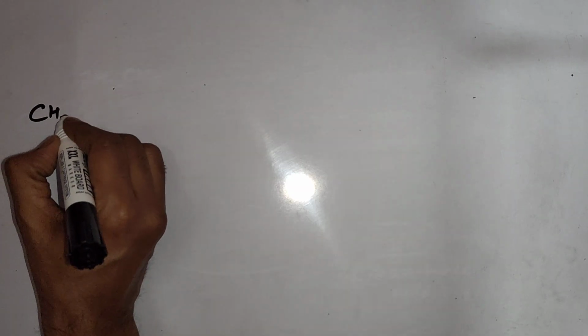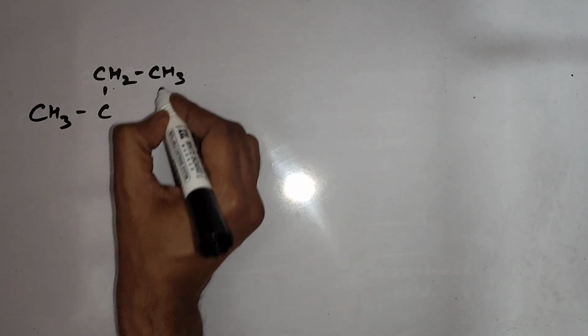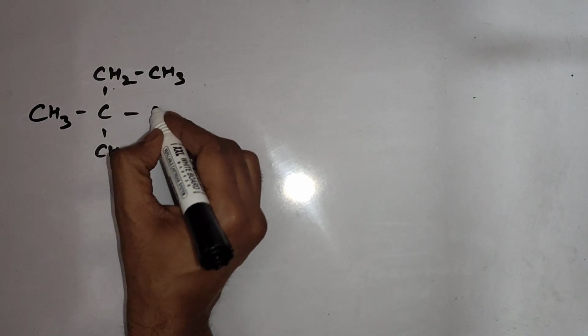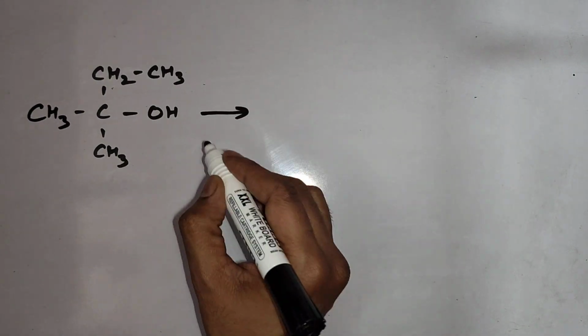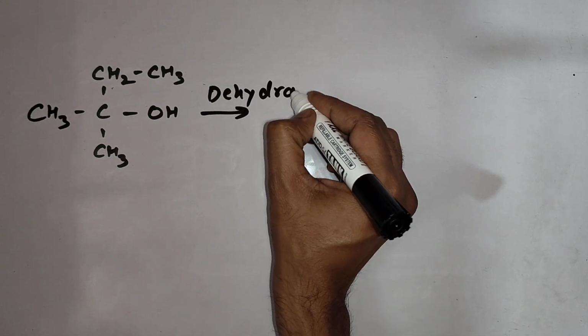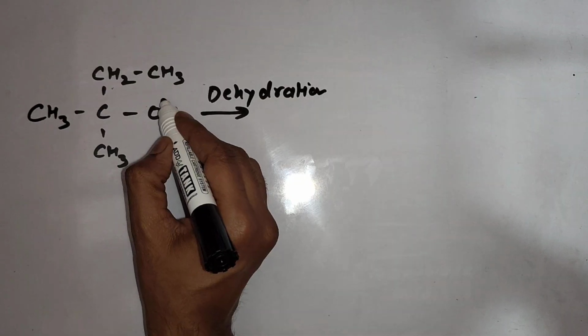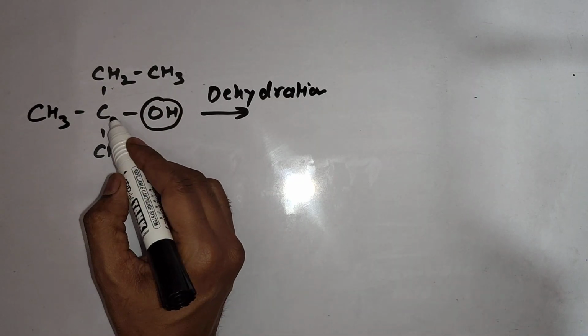3-degree alcohol. Suppose I have a 3-degree alcohol, this one. As I told you, direct oxidation will not happen. First, what will happen? Dehydration in strong acidic condition. Okay, dehydration. OH and alpha hydrogen will be removed.